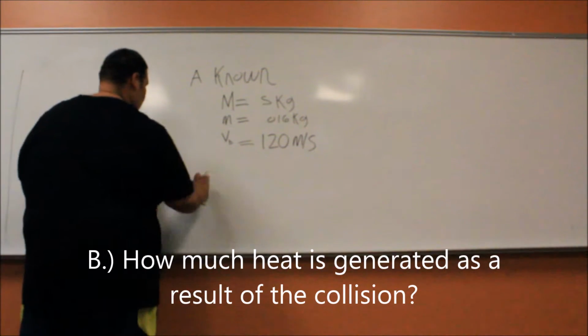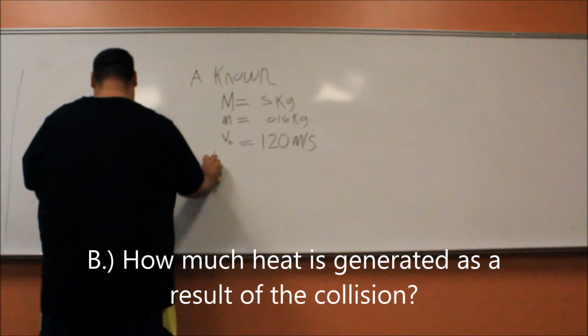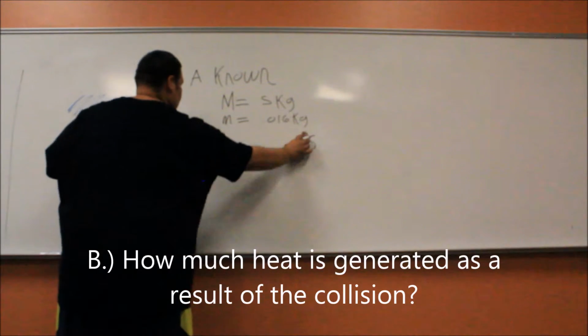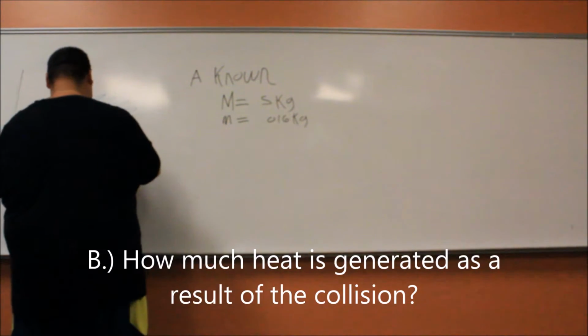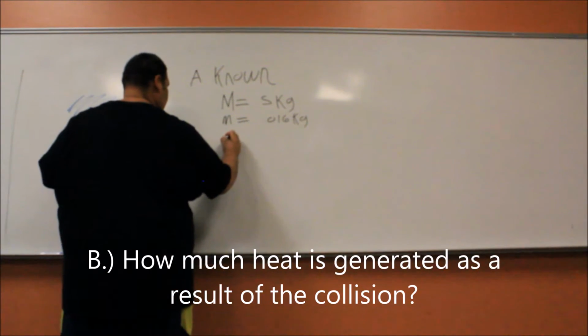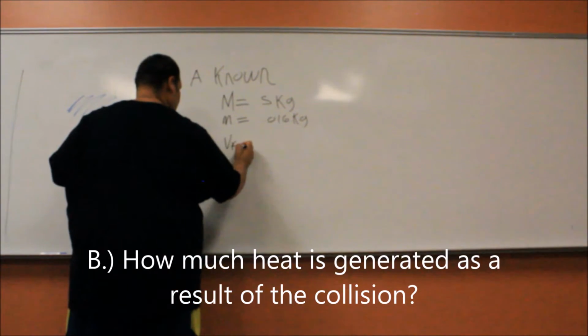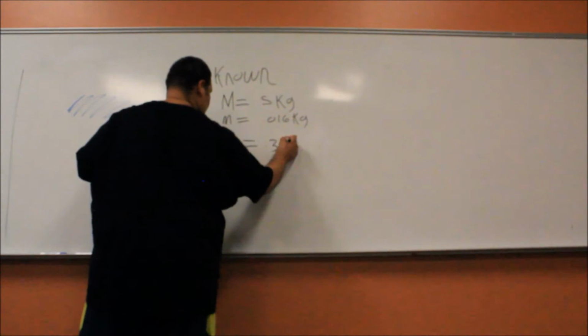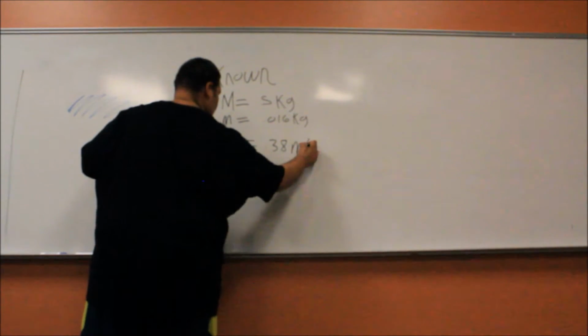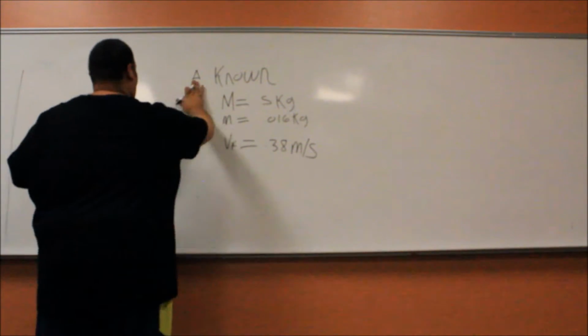B. How much heat is generated as a result of the collision? And for this problem, we will be using friction. Friction is the force resisting the relative motion of solid surfaces, fluid layers, and material elements sliding against each other.